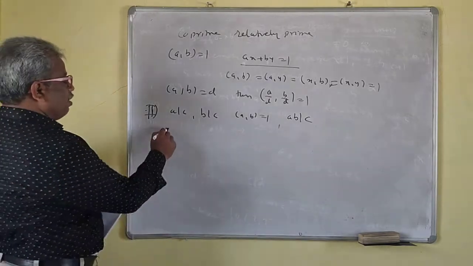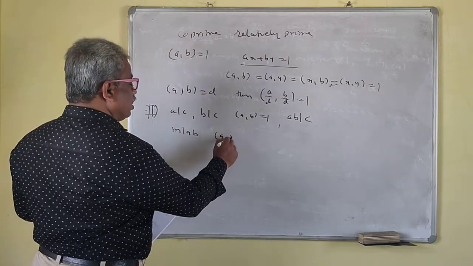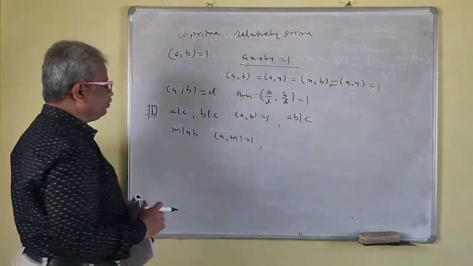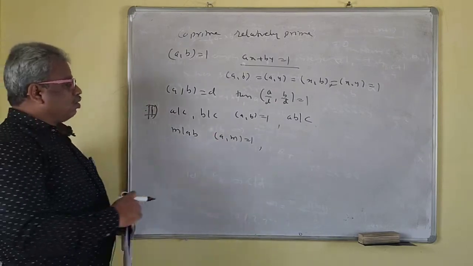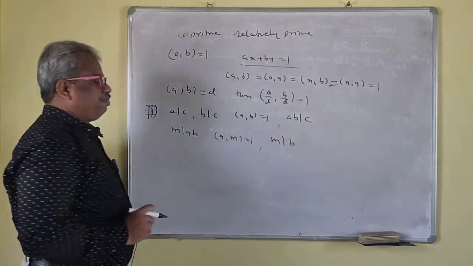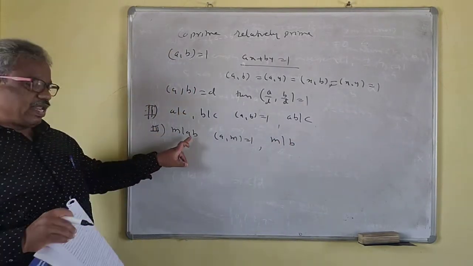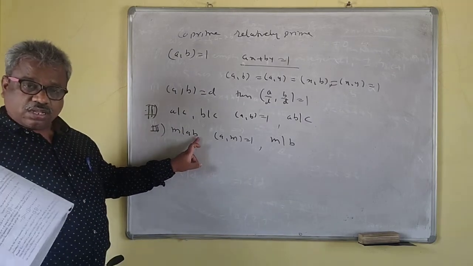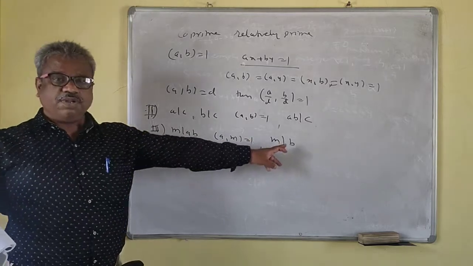Okay. Now next, m divides ab, and GCD of a and m is equal to 1, or GCD of b and m is equal to 1. So if GCD of b and m is equal to 1, then m divides a. So this also you should remember. m divides the product ab, and one of them has GCD 1 with m, they are relatively prime, then m divides the other one.